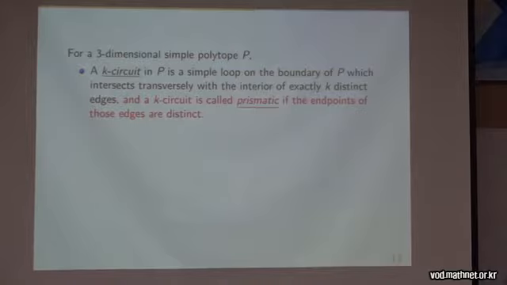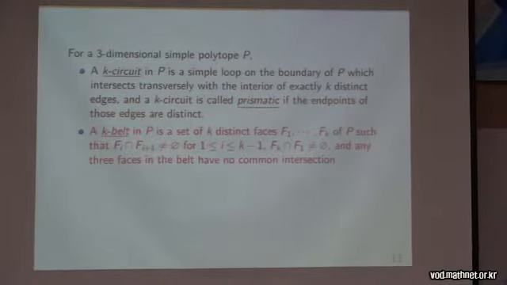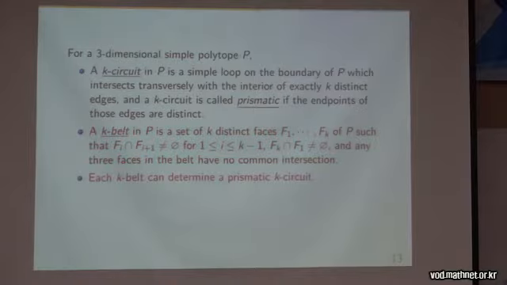A k-circuit is called prismatic if the endpoints of those edges are distinct. And a k-belt in P is a set of k distinct faces F1 to Fk satisfying these conditions: any three faces in the belt have no common intersection, but adjacent two have a common intersection.